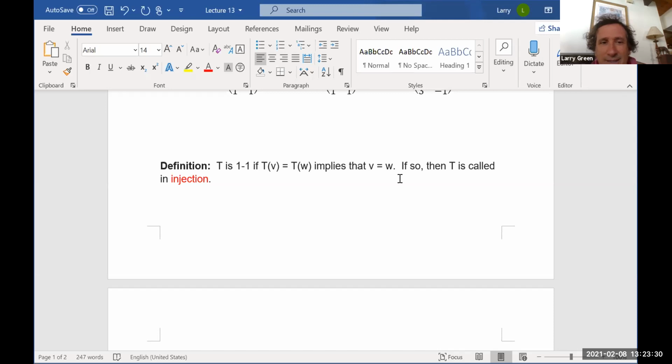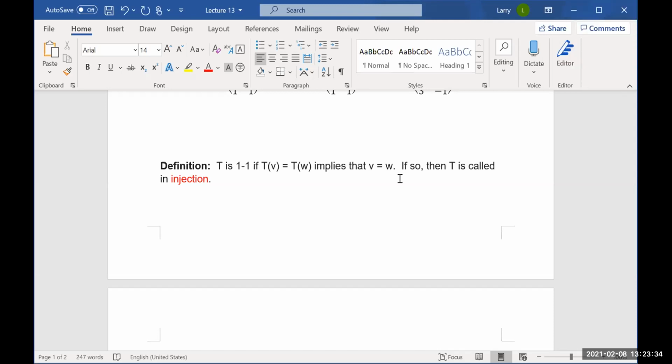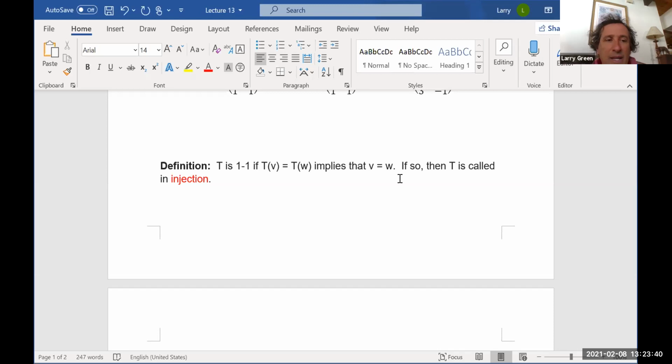This is just a fancy way of saying that if two outputs are equal, then they have to have the same input. So this isn't a linear algebra word, it's an intermediate algebra word. You may not remember it because it's been so long. But it's important. Another word for a one-to-one function is that if T is one-to-one, we call T an injection.